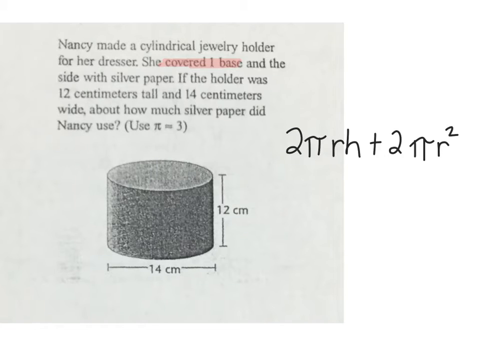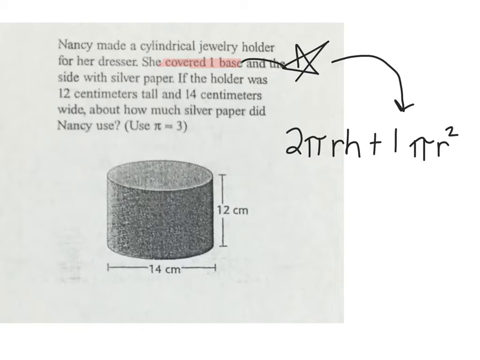But since we're only covering one base, which it says there, we're going to take this 2, and we're not doing 2 bases, we're just going to have 1. So you don't even have to put the 1 there, but we can just do that. So we're just going to have plus 1 pi r squared, because that's just one base. I'll kind of put an arrow like that. There we go. All right, so now I need the radius.